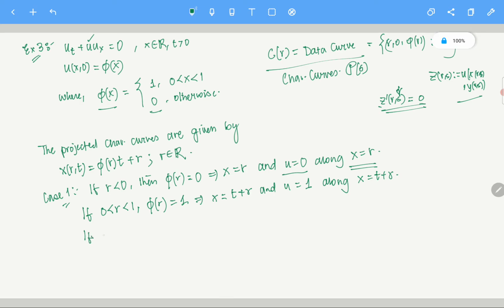Now, if R is greater than 1, then phi is 0 otherwise.